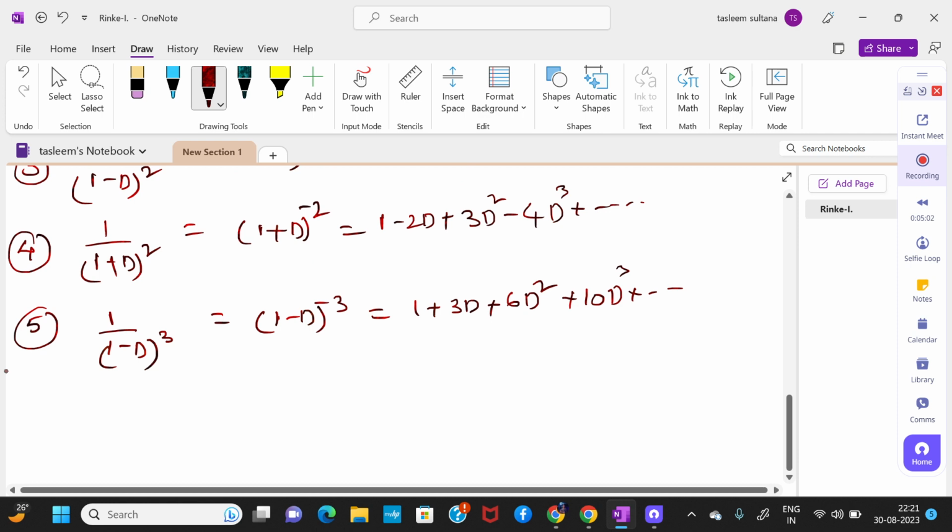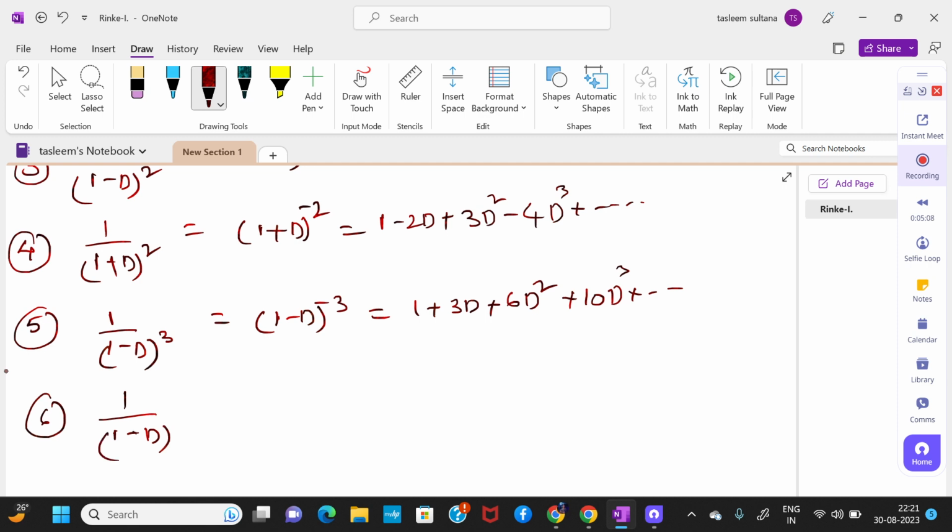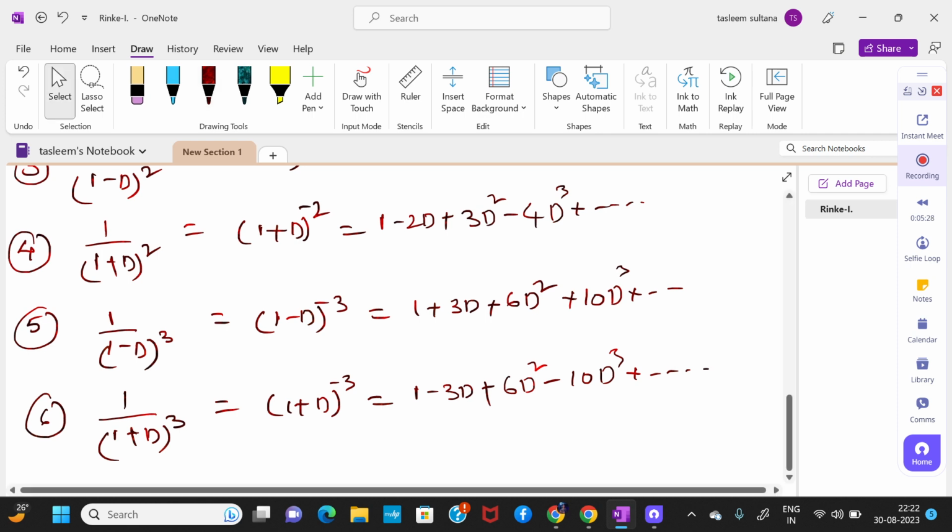Next, it's going to be alternating: 1 divided by 1 plus D whole cube, which is equal to 1 plus D to the power of minus 3, which is equal to 1 minus 3D plus 6D square minus 10D cube plus and so on.